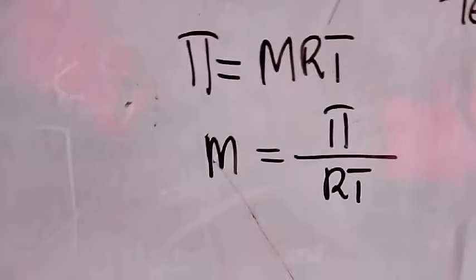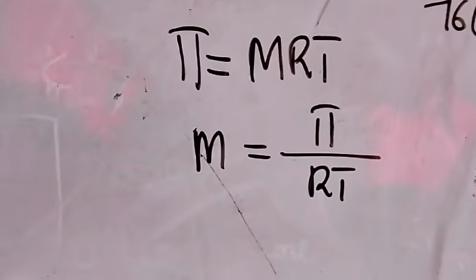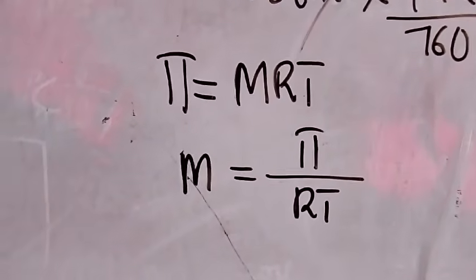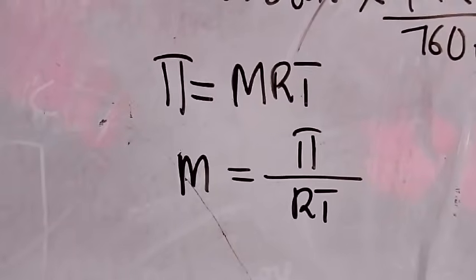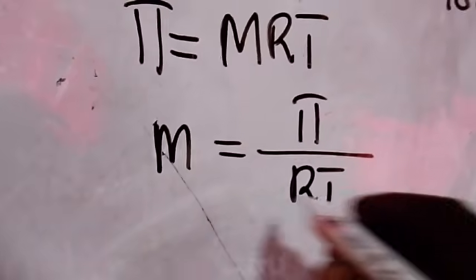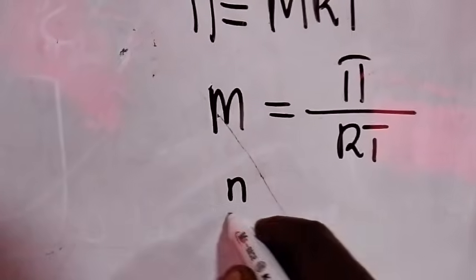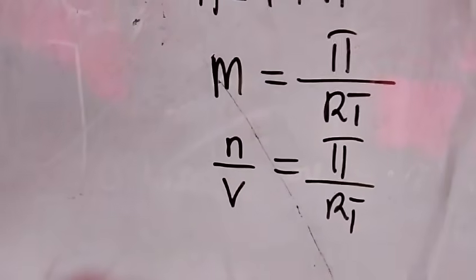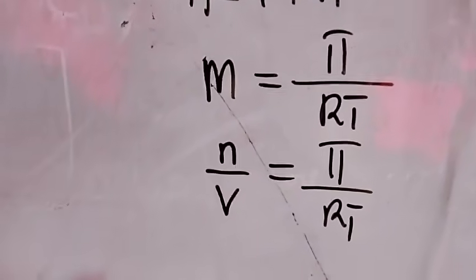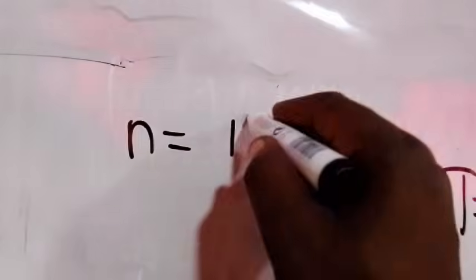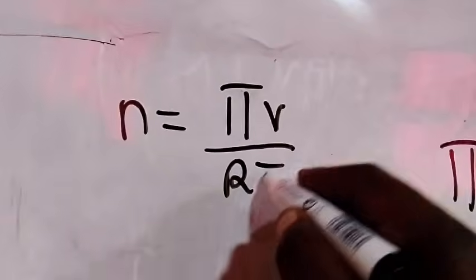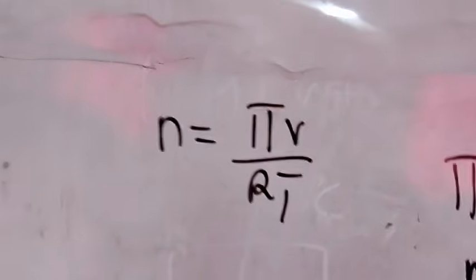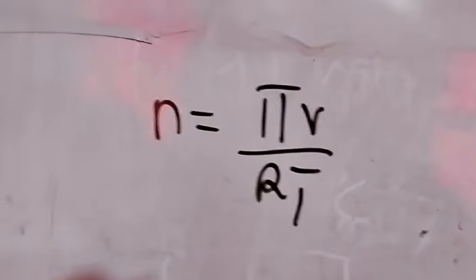We also know that molarity is equal to moles over volume, so moles over volume is equal to pi over RT. Cross multiplying, N is equal to pi V over RT.